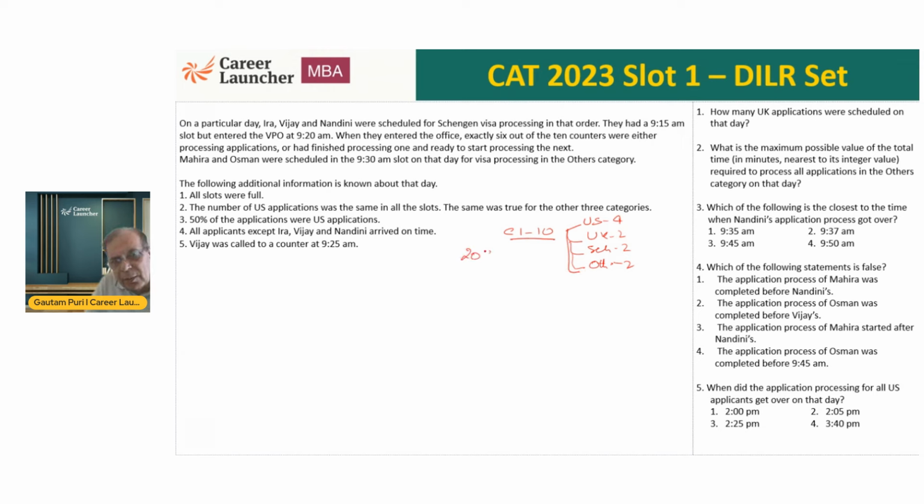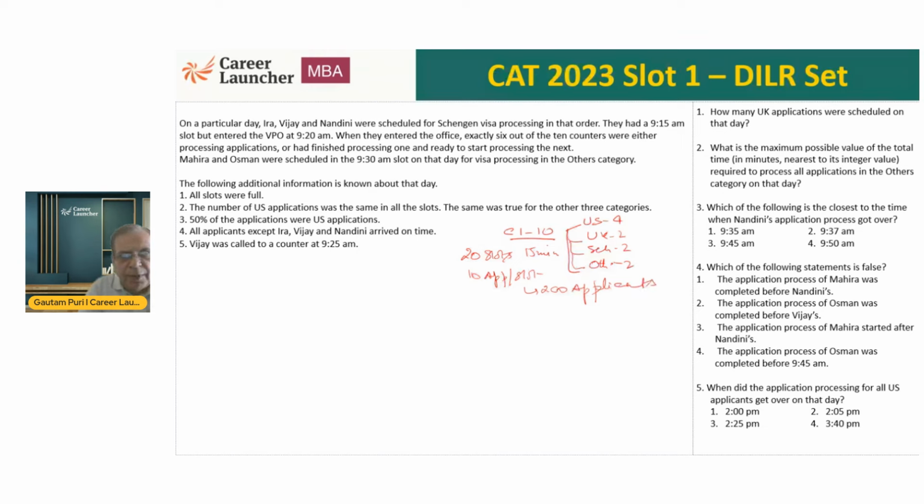So these are 20 slots of 15 minutes. This is what we have. And each slot has 10 applicants. 10 applicants per slot. What does that mean? 200 applicants in all.